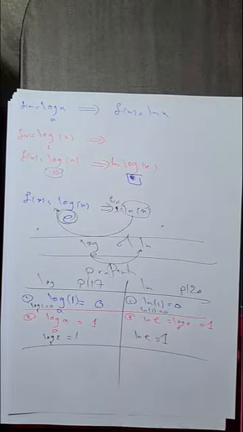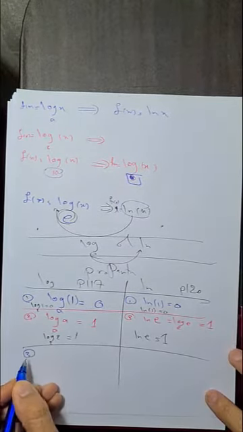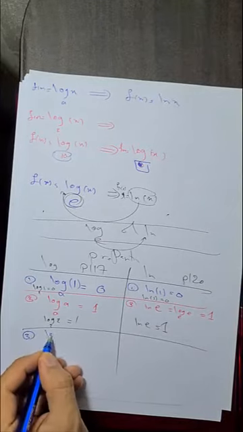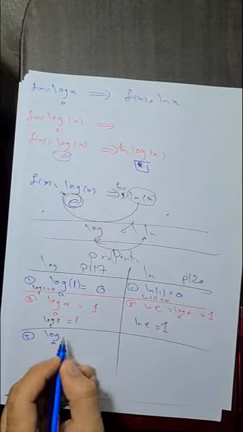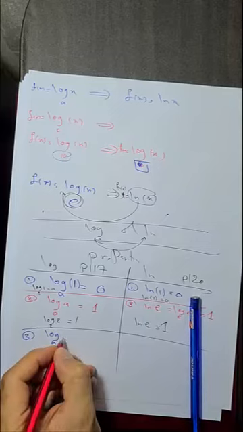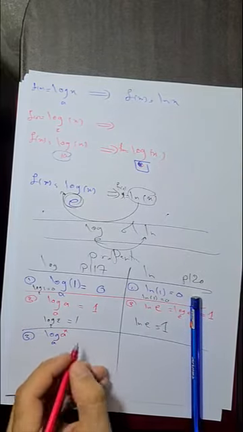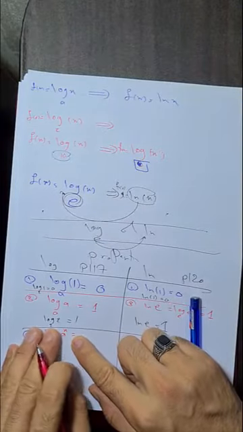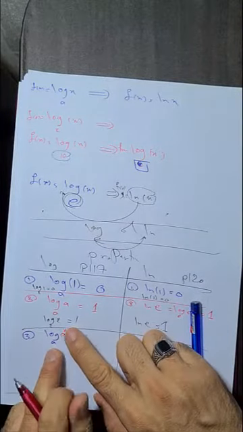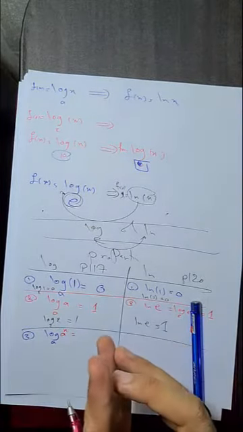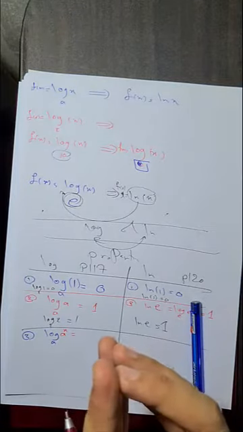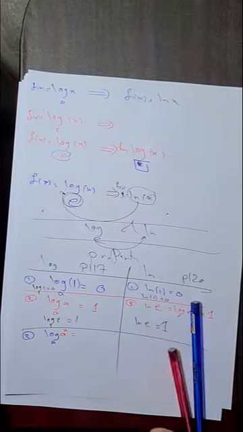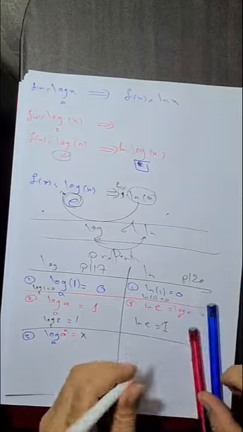How about the number 3? In case you have log base a of a to the power x, look, we have a to the power x. And I told you these functions, the log and exponential, are inverse to each other. And you know when two functions are inverse to each other, they eliminate each other. So it remains just x.